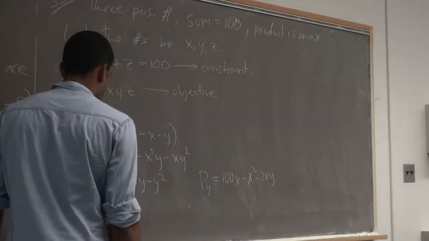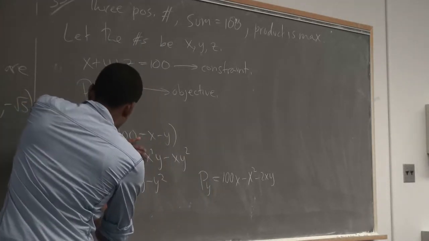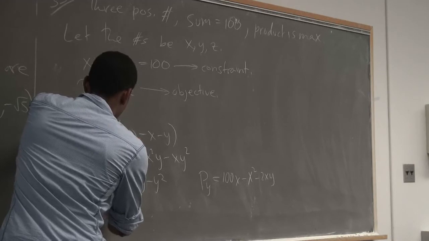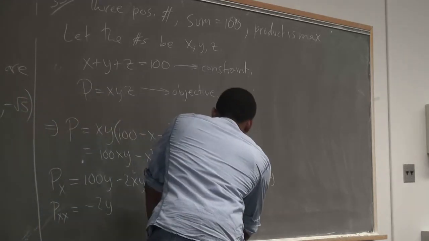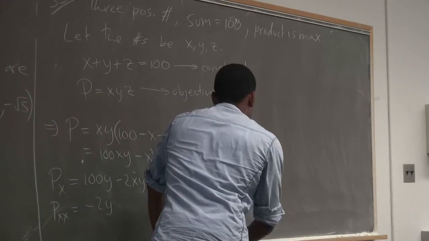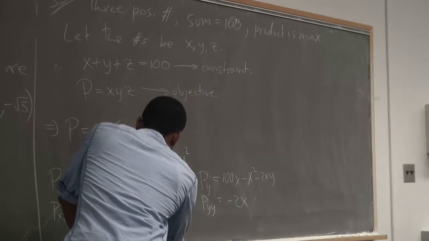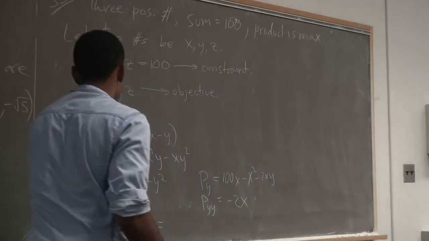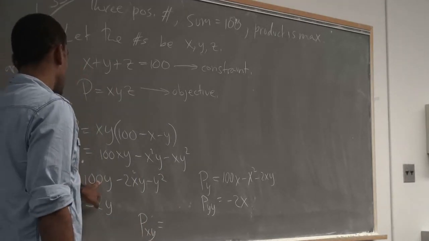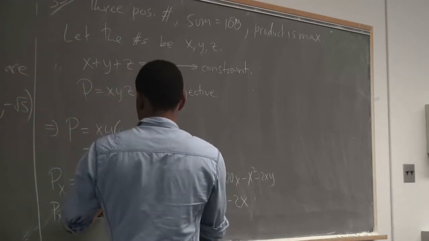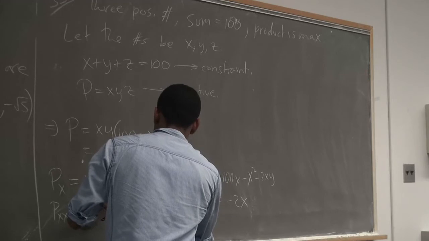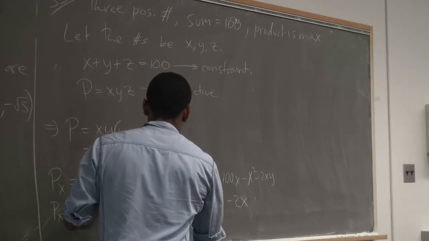Partial with respect to x again, minus 2y. Partial with respect to y again, minus 2x. Partial with respect to xy: you take this and take the partial with respect to y, I would have 100 minus 2x.